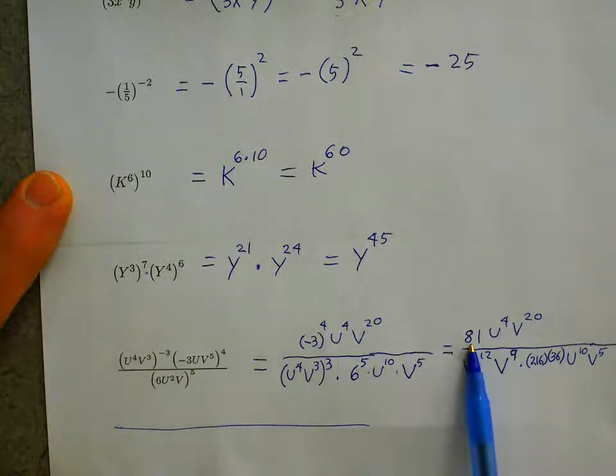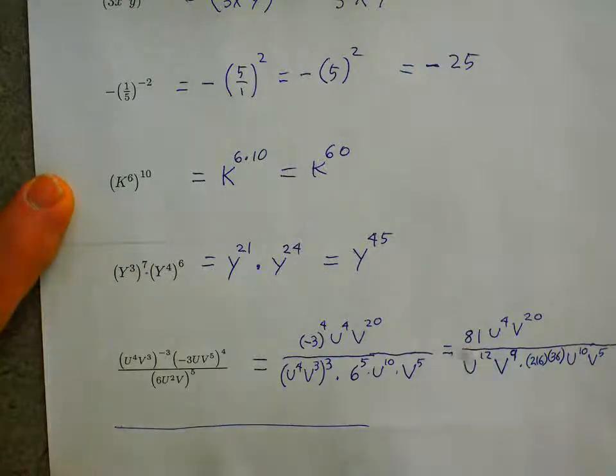I'm going to think of 81, since I don't have a high-powered calculator here, as 9 times 9. I'll explain why in a minute. And in the denominator, I'm going to move the numerical factors to the left. And I'm going to rewrite 216 as 6 times 36.